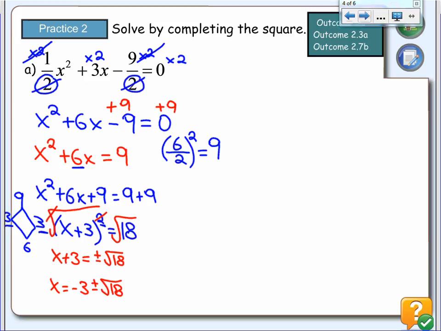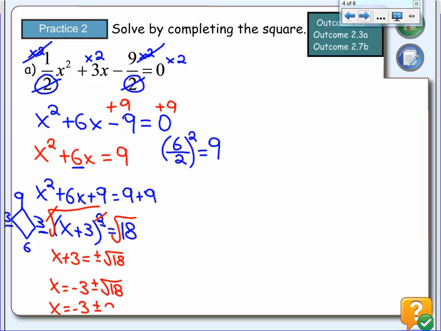We just completed Unit 1. Unit 1 was simplifying radicals. If you look at our radical here, square root of 18, it is not simplified. Because 18 can be divided by 9, and 9 is a perfect square number. So what we need to do is make this x equals negative 3 plus or minus 3 root 2.